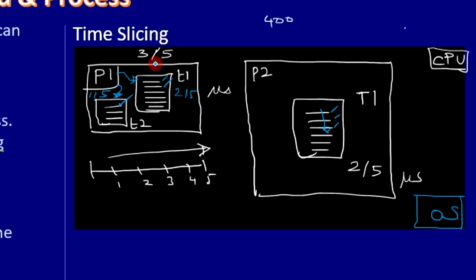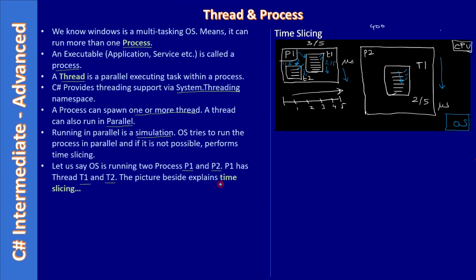The OS will make use of the 3 out of 5 microsecond, which is the time slice allocated for this specific process by the OS, right? So processes P1 and P2 will run in parallel, and within P1, since it has two threads, the threads will also get a chance to run in parallel, based on the time slicing. So that's what we are talking about here.